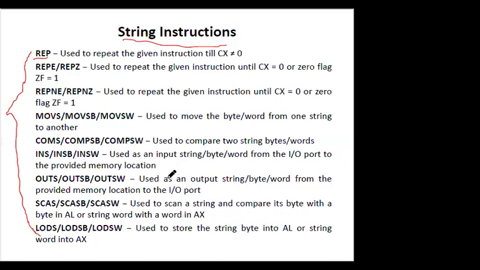So a string instruction has to follow a sequential order, but it is handling a group of bytes and words. So this involves the following instructions. You can go through them in the subsequent slides.